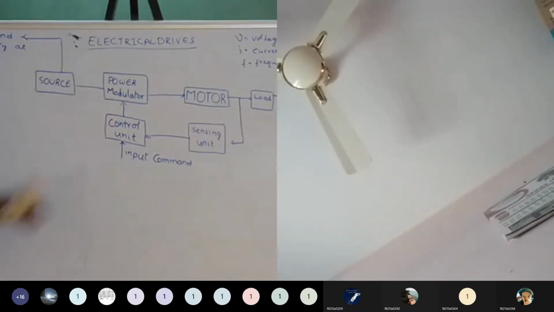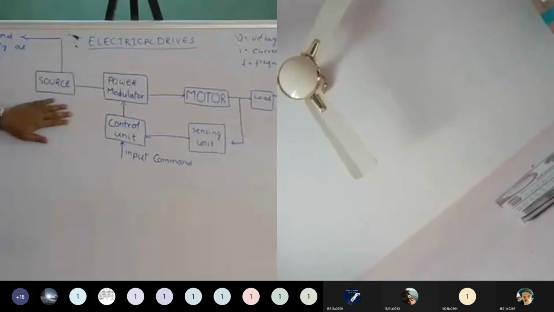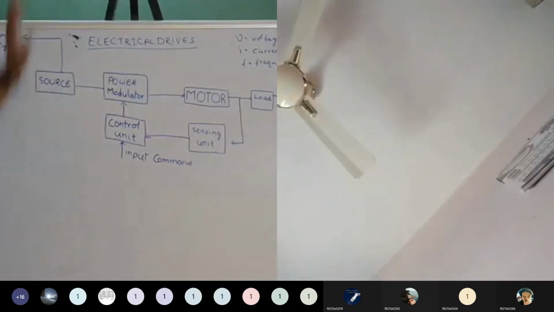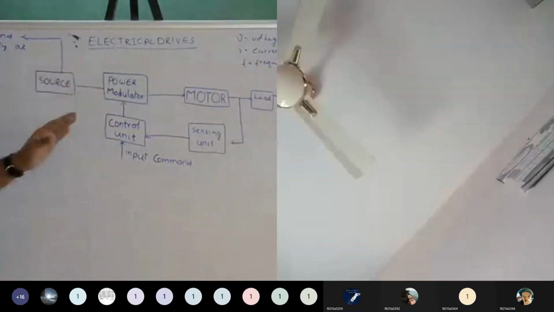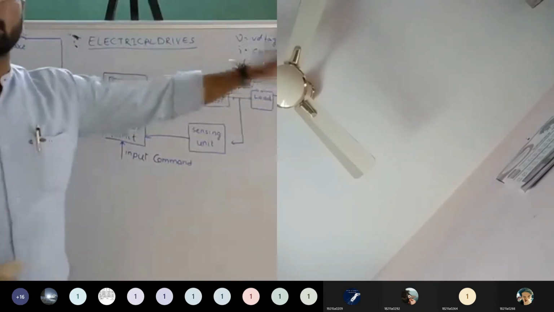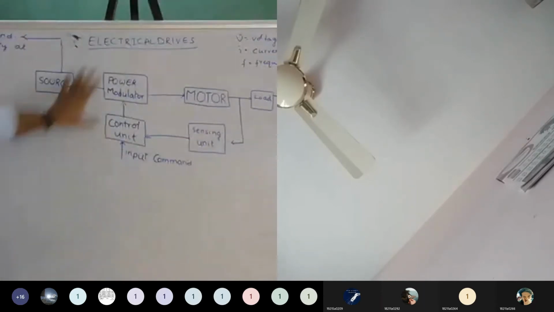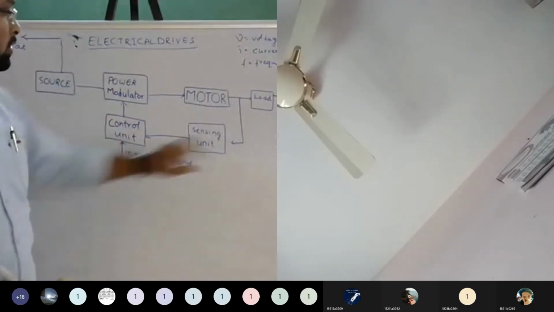Wherever you are using it, suppose at home you are using some particular load. What is the source at our home? We have a single phase input, so we will use that, whatever is available. Suppose solar is there, we will take solar as the source. No, solar we don't have, we have a single phase source, then we will take single phase as the source. So the source will depend upon availability, and the load will depend upon the environment, whatever the load requirement is. Now the remaining things are power modulator, motor, control unit, and sensor.